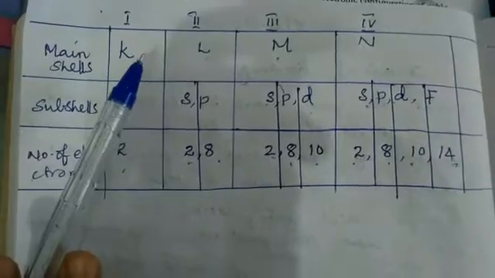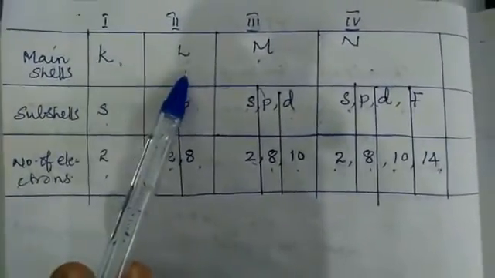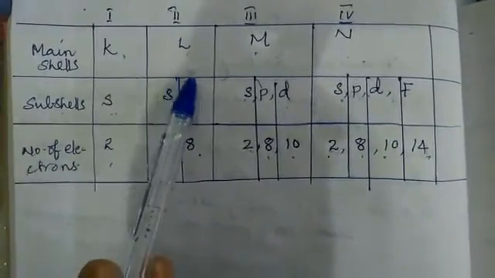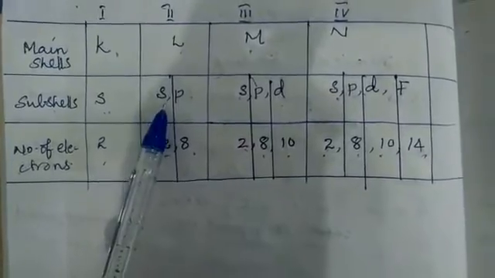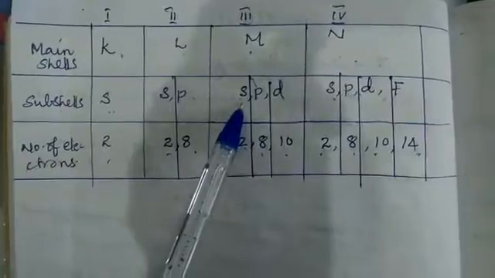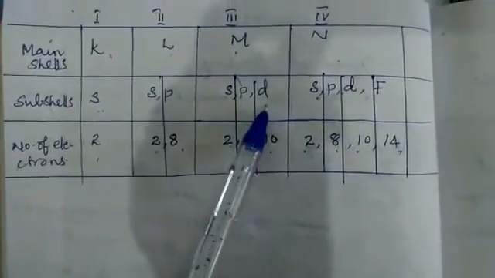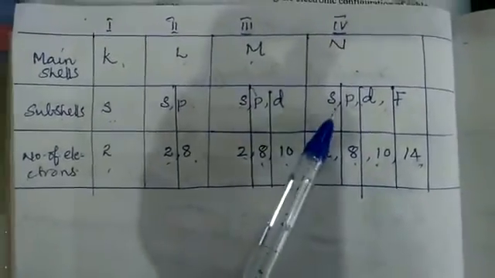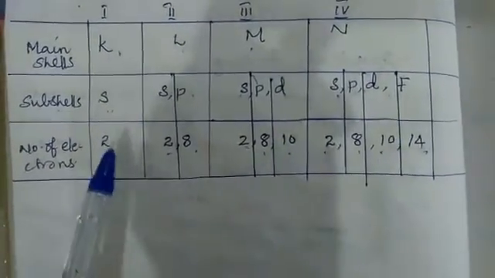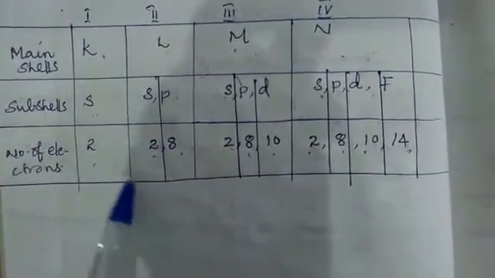Okay. Listen here. See, these are the main shells K, L, M and N. Then the subshells are S. Then L shell can have two subshells S and P. Then M shell has three subshells S, P and D. N shell has four subshells S, P, D and F. Maximum electrons that can be accommodated in each shell and subshell are also given.